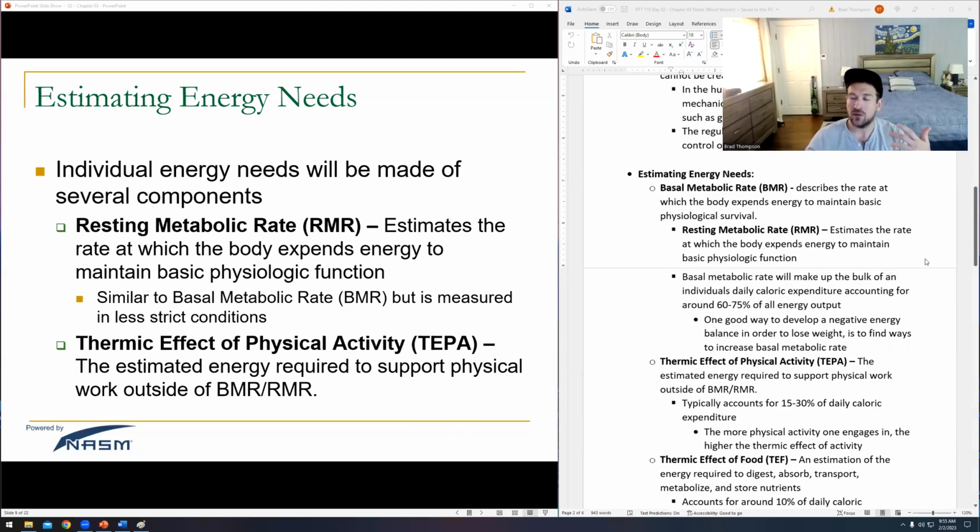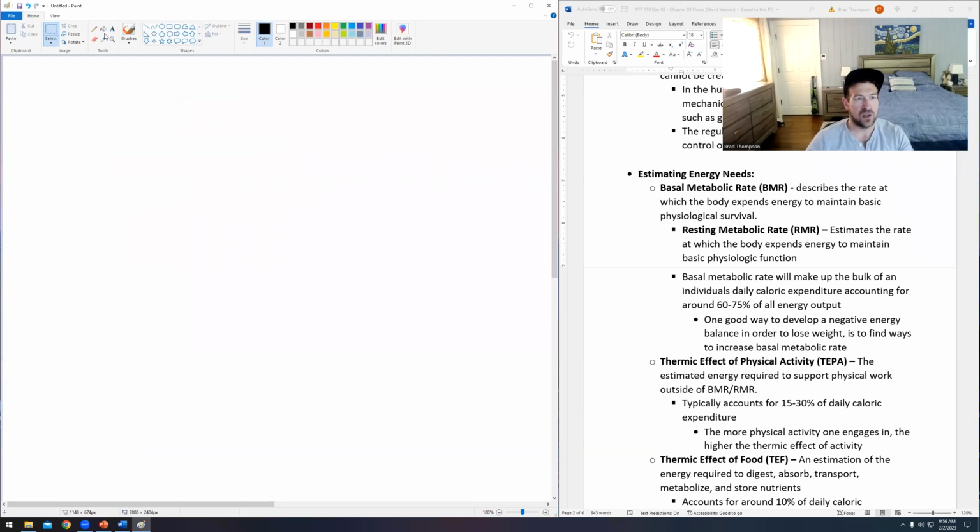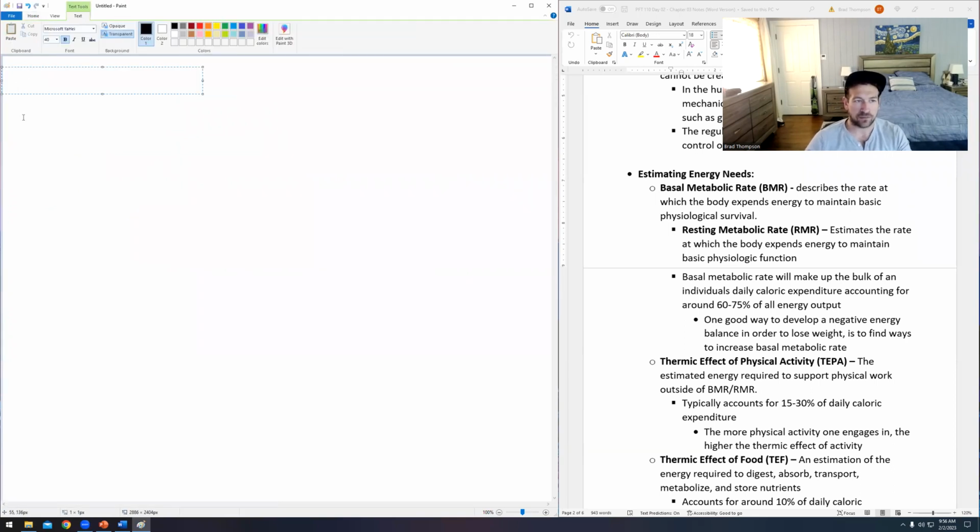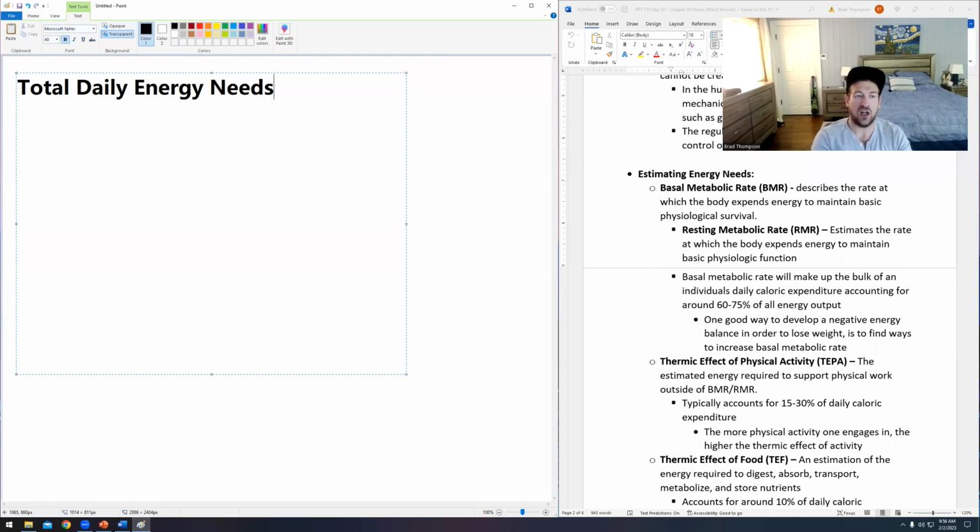So again, we come back to our lesson that we had the other night when we were in person, where we calculated out our energy. Our individual energy needs are going to come from a couple of different places. We've got our total daily energy needs, which we call our total daily energy expenditure.